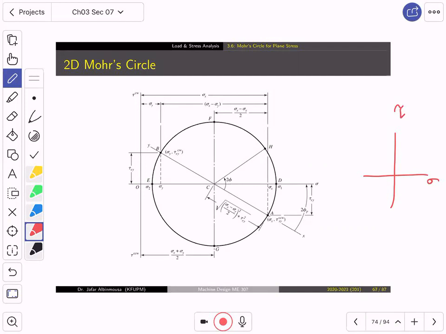Now, any coordinate system has a positive and negative. So we will pick the right-hand side to be positive normal stress and the left-hand side as negative normal stress. And of course, there has to be 0 in the middle. To the right is positive, to the left is negative. Okay?